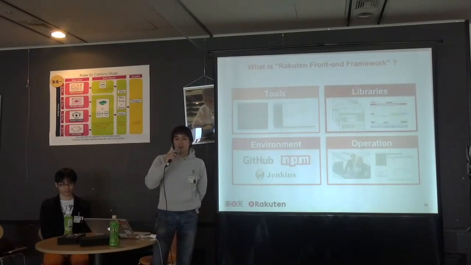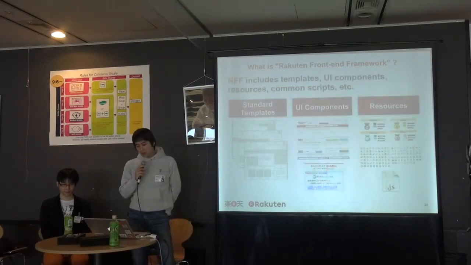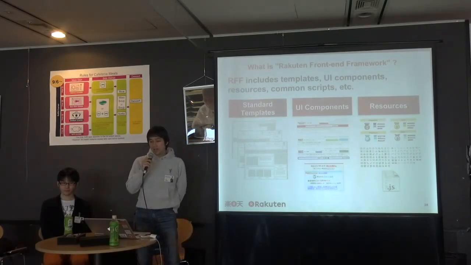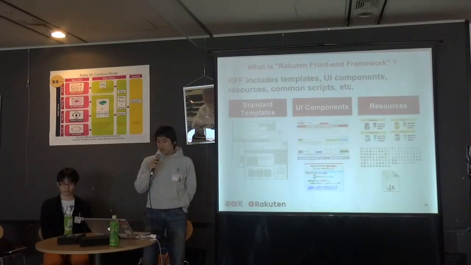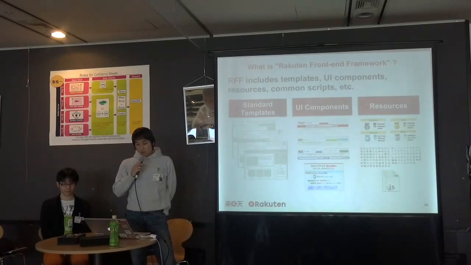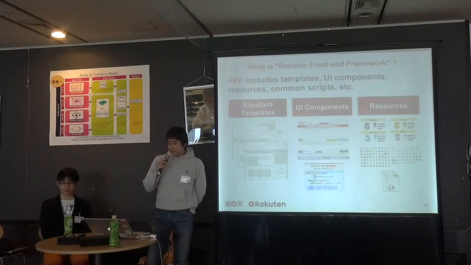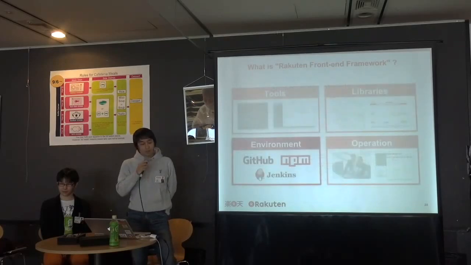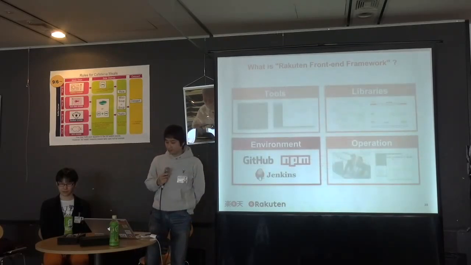The second one is libraries. We would like to develop common resources such as standard templates, common UI components, icons, and common scripts, in order to keep consistency in Rakuten. We will deliver these resources through the RFF tools. The third one is environment.